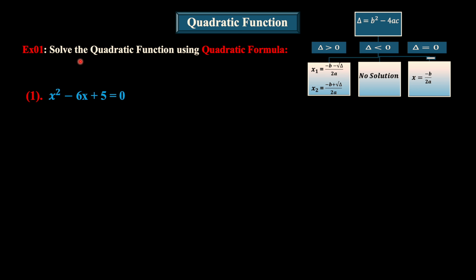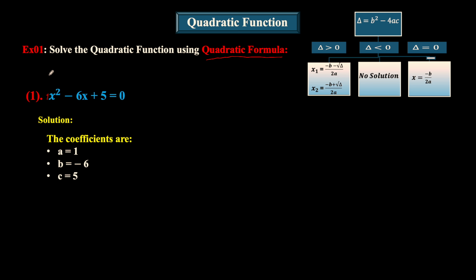Let's see our first example. Solve the quadratic function using the quadratic formula. So here it says explicitly use the quadratic formula to solve this equation. Okay? So before starting, we have to define our coefficients. A is equal to 1, which is here.